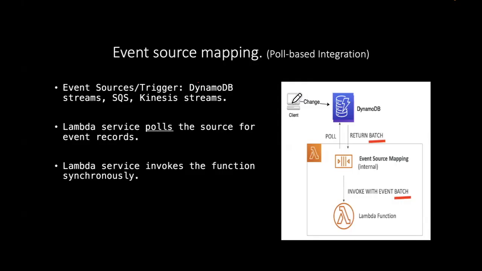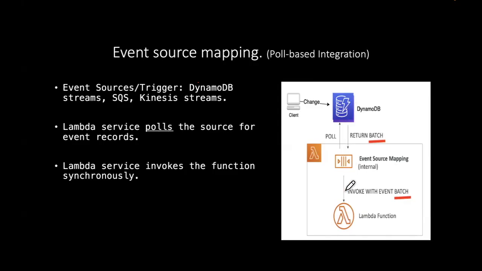The idea here, the image kind of shows you. Some client, again a desktop application or mobile app, makes a request that causes some change of state to happen in my DynamoDB database. That's what this is representing.